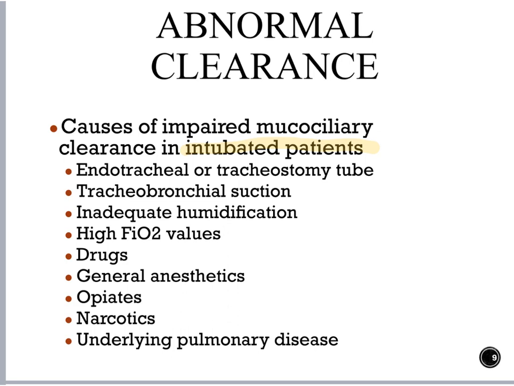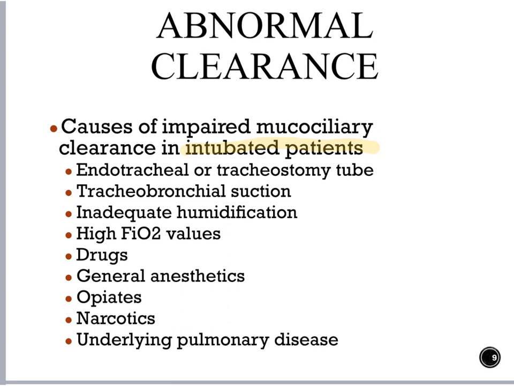The endotracheal tube itself also blocks the normal mucociliary elevator. So the cilia isn't able to beat where the tube is at to help get it all the way up and out. You have inadequate humidification. We're bypassing that upper airway and normal humidification, so it's going to dry out secretions.